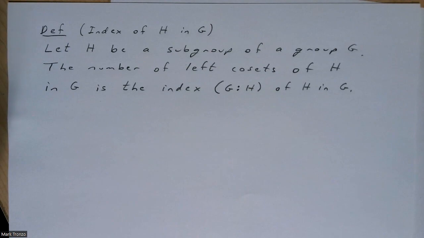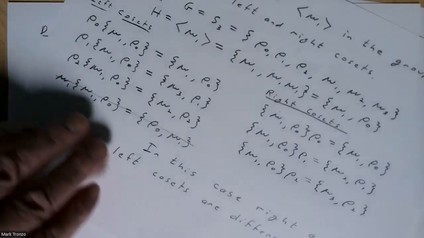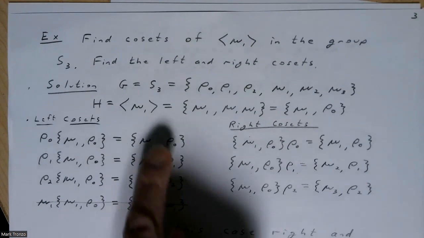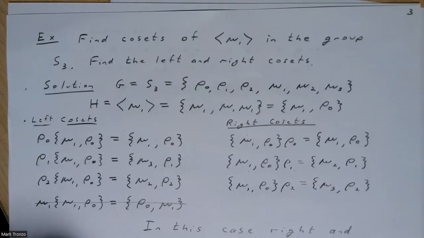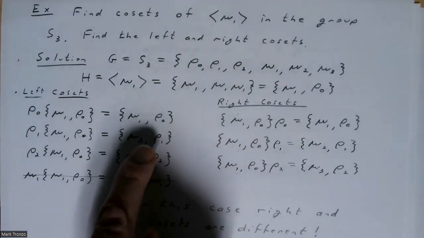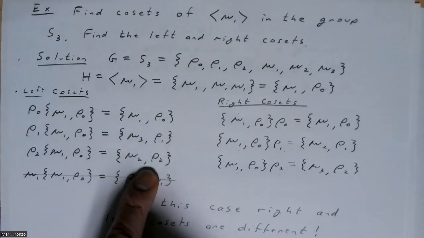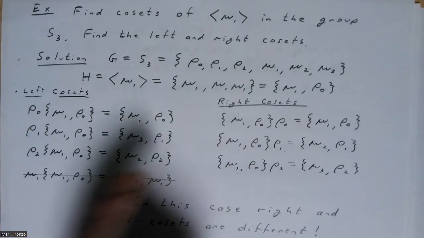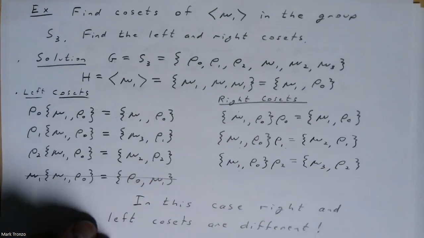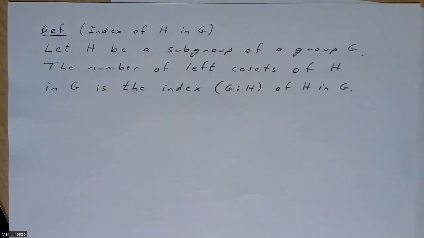And then we also did this one. This is our group G, and this is our group H. And in this case, we had 1, 2, 3 left cosets. So in this case, the index of H in G was 3. That's simply all that is, just a definition of how to define that number.